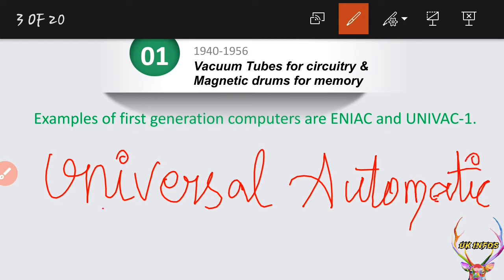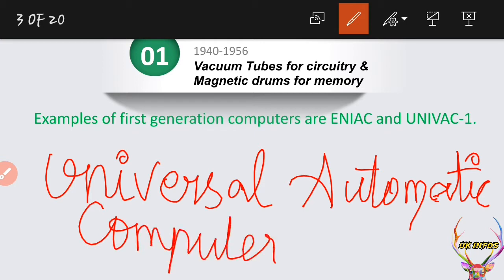C stands for Computer. So UNIVAC stands for Universal Automatic Computer. This is also an important question. ENIAC means Electronic Numerical Integrator and Computer, and UNIVAC stands for Universal Automatic Computer.